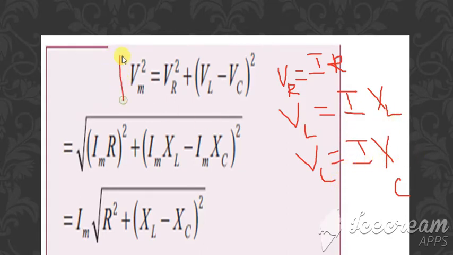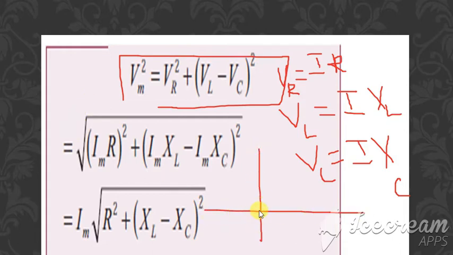So Vm, that is the total. When you write the equation, Vm square is equal to VR square plus (VL minus VC) the whole square. This is from the diagram, because this side is V, this side we have the value of VR, and at the center we have the value of VL minus VC.